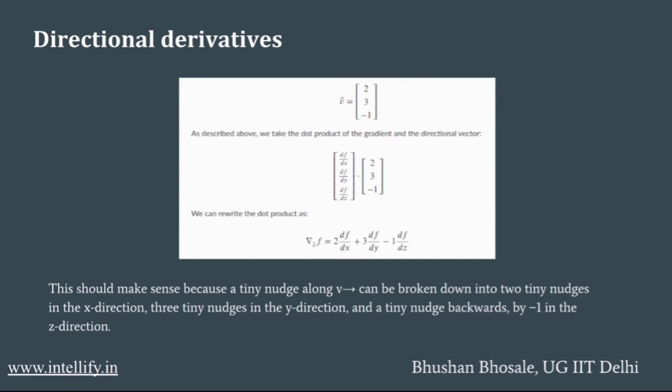So the directional derivative is an application of partial derivatives, and in this case the change that we need with respect to x is 2 times, with respect to y is 3 times, and with respect to z is one time but in the opposite direction. So that is how delta f would change when we change from that direction to (2, 3, -1).